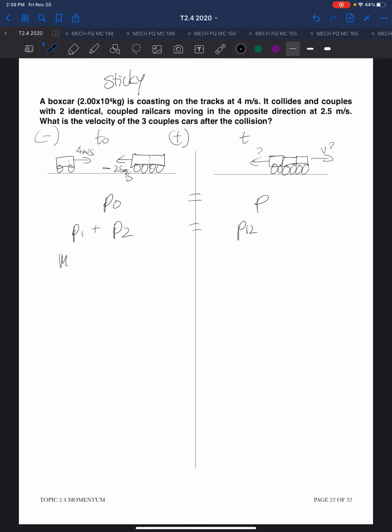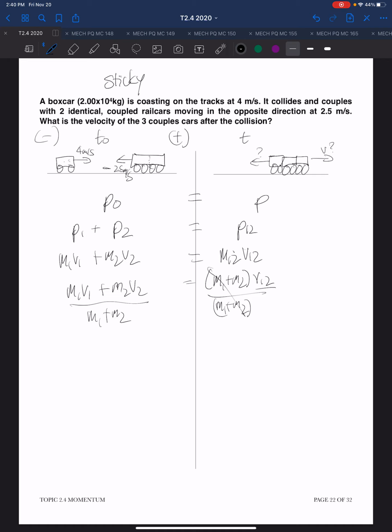And then afterward, we only have this combined object. So we've got m1 v1 plus m2 v2 is going to equal m12 v12. And that mass is going to be m1 plus m2 times the v12. And what we're looking for is this velocity. So we're going to divide both sides by m1 plus m2.